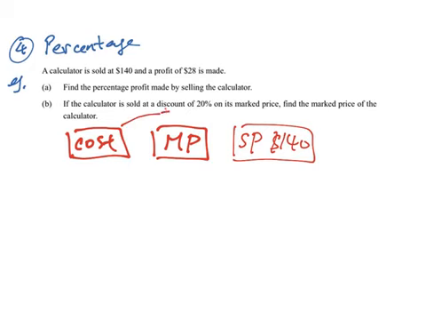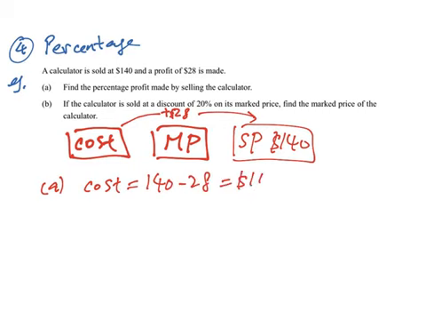That means we add $28 to the cost to get the selling price. So for part A, the cost is equal to the selling price minus the profit 28. So we can get $112.